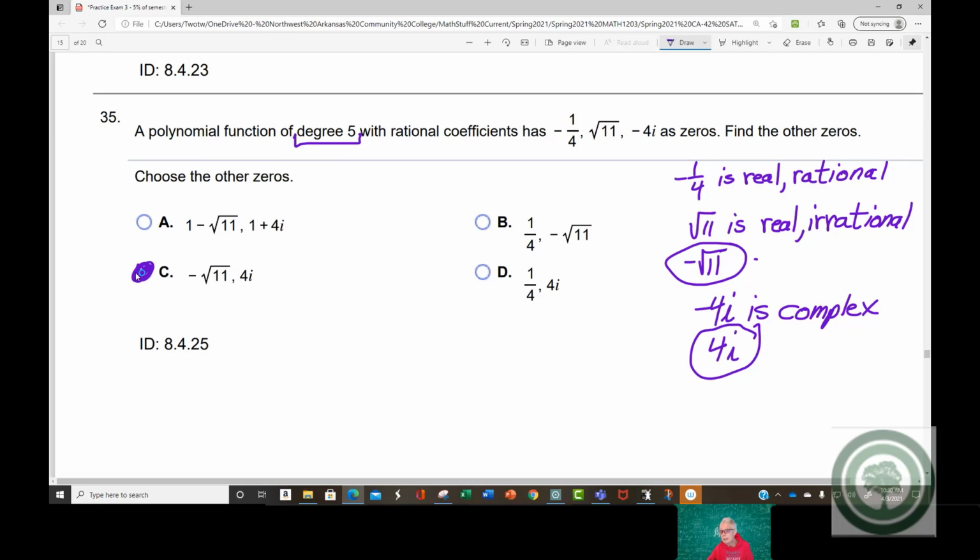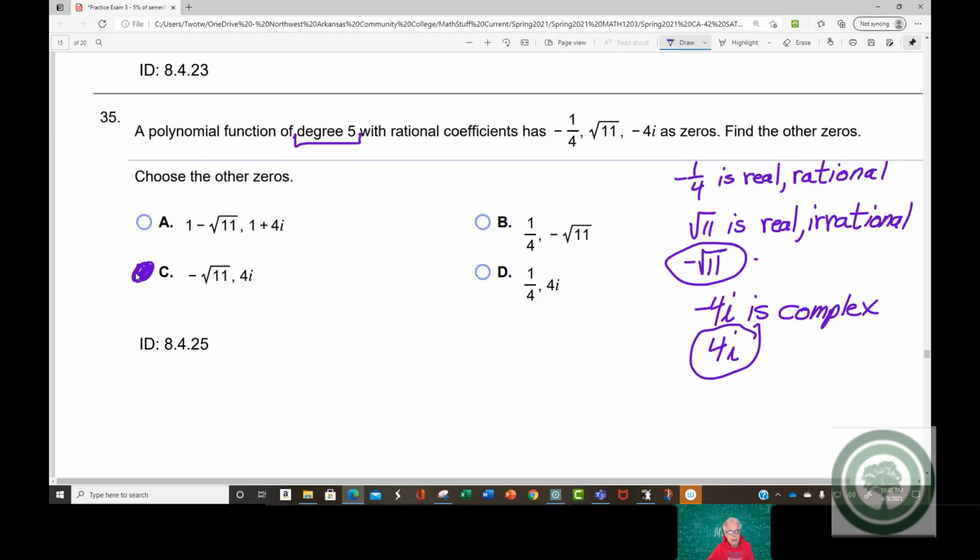So if a zero is a rational number, which includes integers and fractions, then it doesn't double up. One is enough.